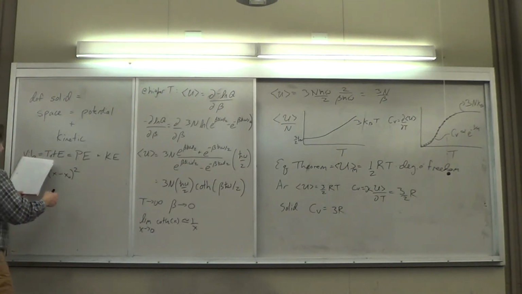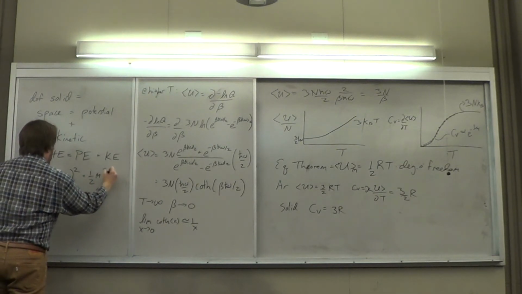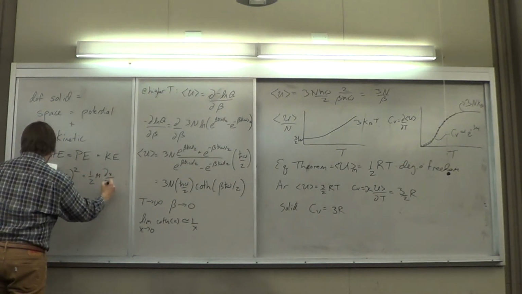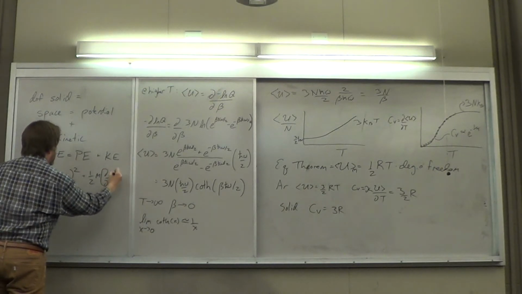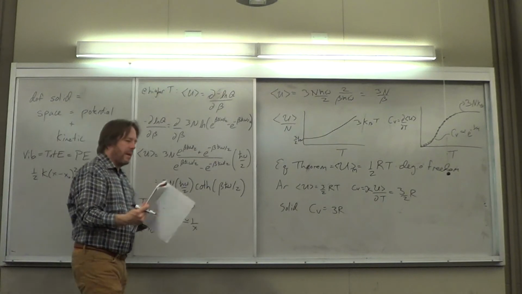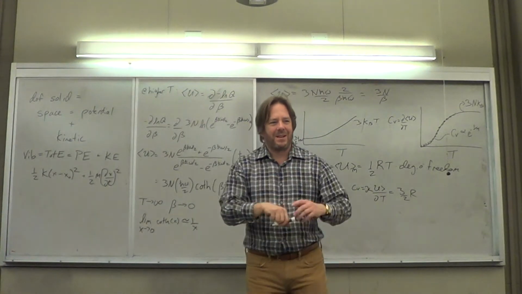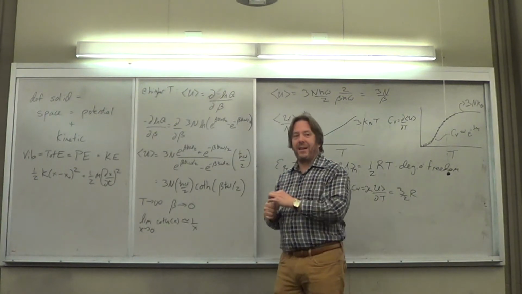That's a harmonic potential, and kinetic energy is 1/2 mv squared, the speed at which it's moving. What you end up with, I think it's called the Virial Theorem. You do recognize this.